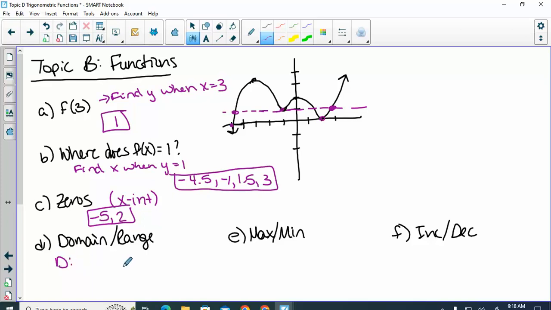Domain. As I go from left to right, what's my domain? Zeros tell me my graph keeps going in both directions. My range, this one's going down forever and that one's going up forever, so it's also negative infinity to positive infinity.